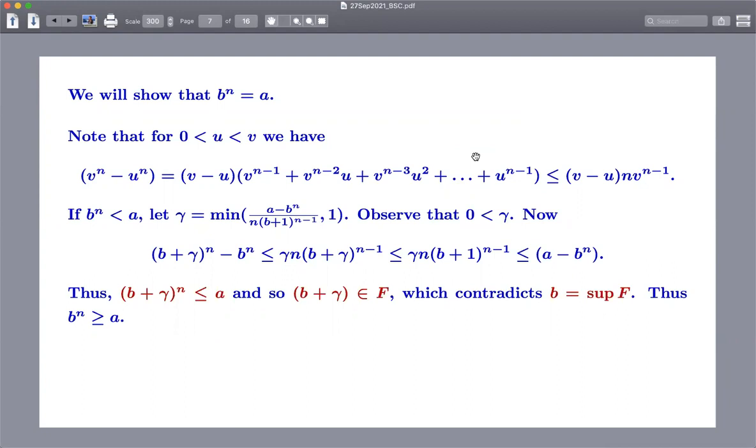Because if there is not any element of capital F, then a contradiction. So the point is to show that C is an nth power, right? And then to prove that it's an nth power of something that's less than B. It doesn't have to be an nth power. No, to prove it's in the set F, it has to be a power of a real number.